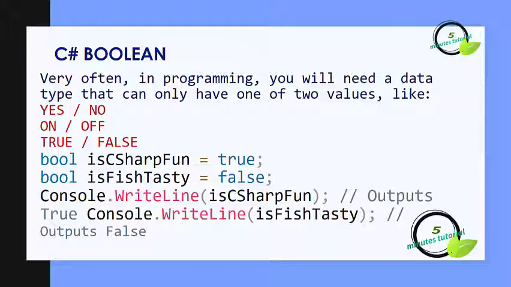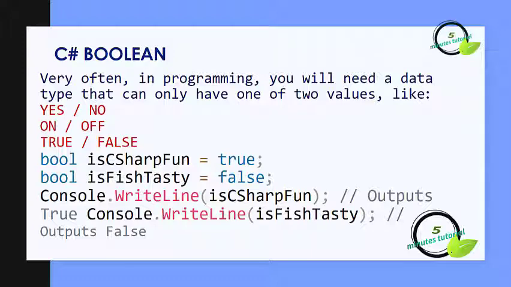So boolean is actually a data type that can only have one of two values, like yes/no, 0/1, on/off, true/false. So in our program, when we are in any situation where we have to take a condition and check whether it is true or false, then we can use boolean functionality or the boolean data type.